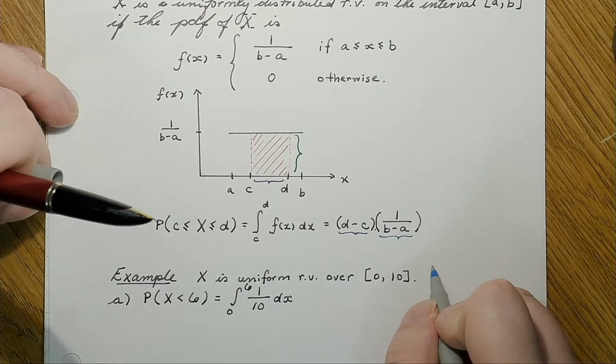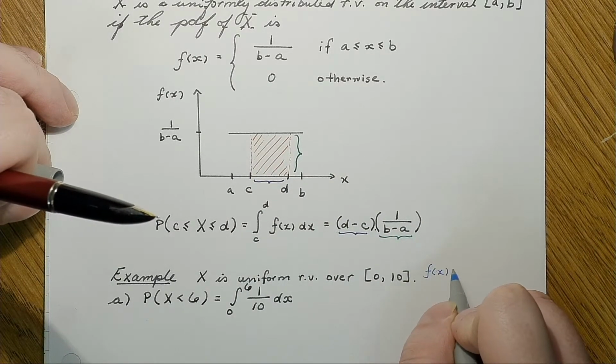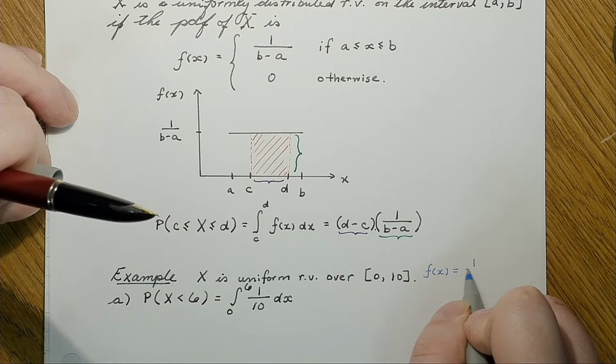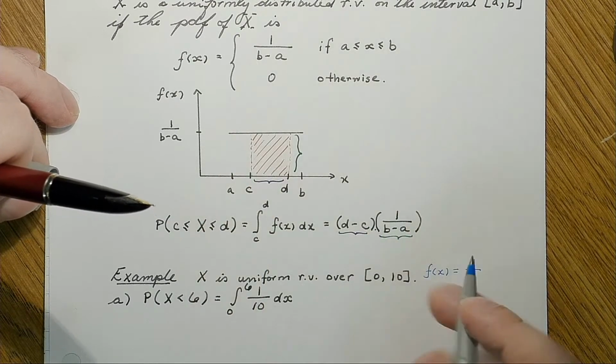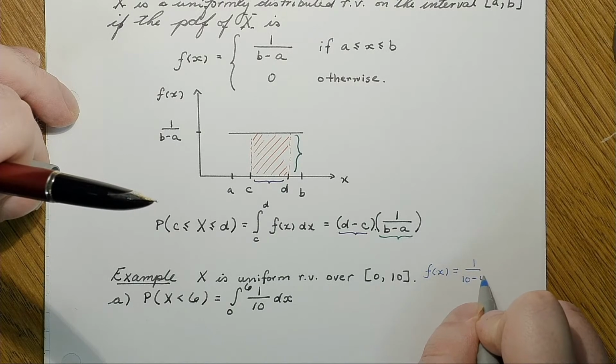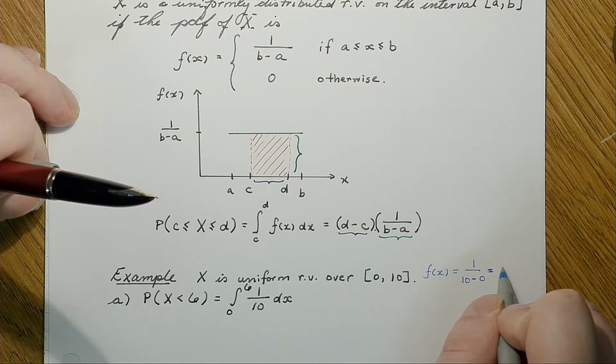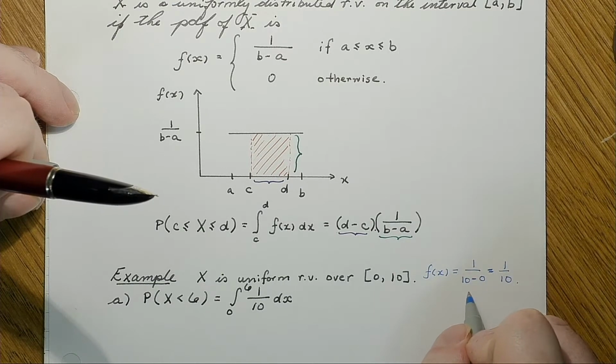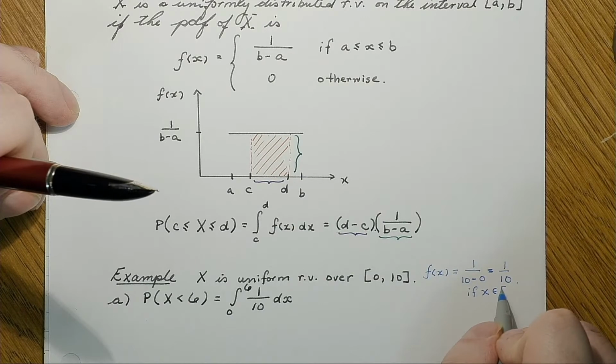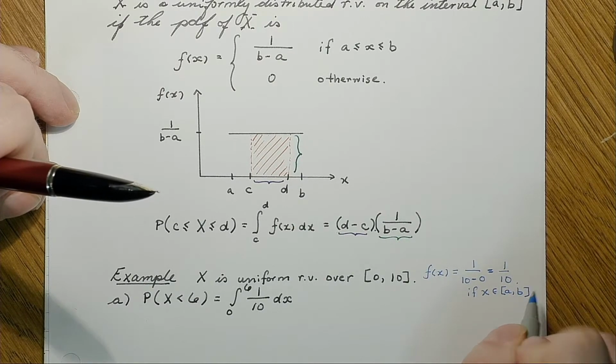Using that, the PDF should be 1 over b, which is 10, minus 0. So I'm just left with 1 over 10, if x is on that interval from a to b, and 0 otherwise.